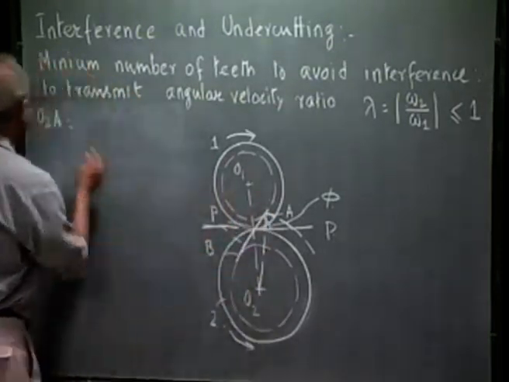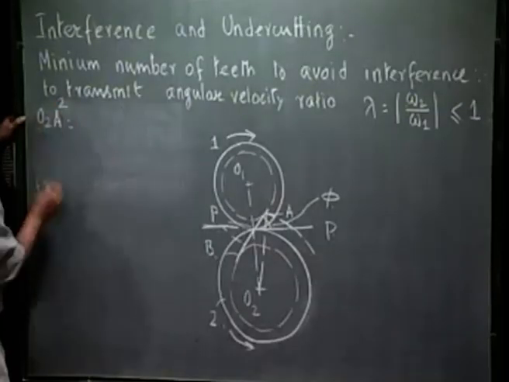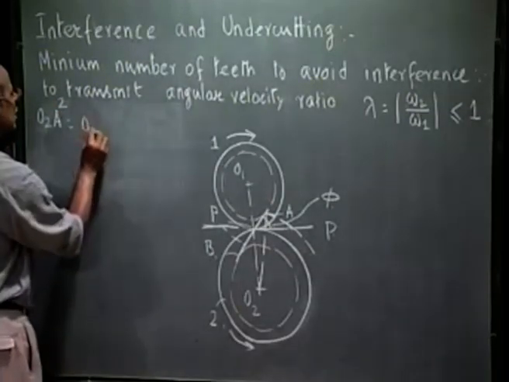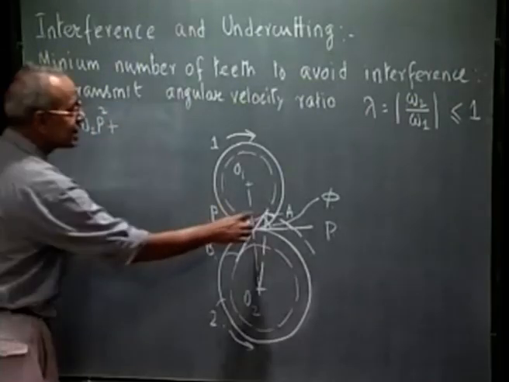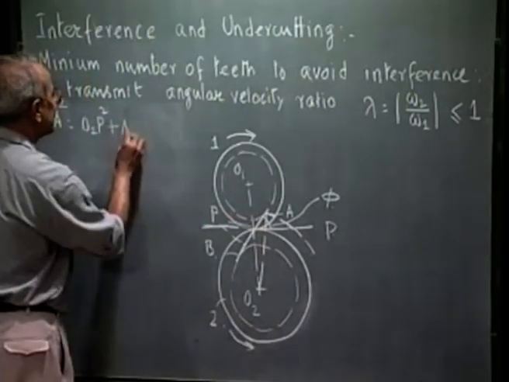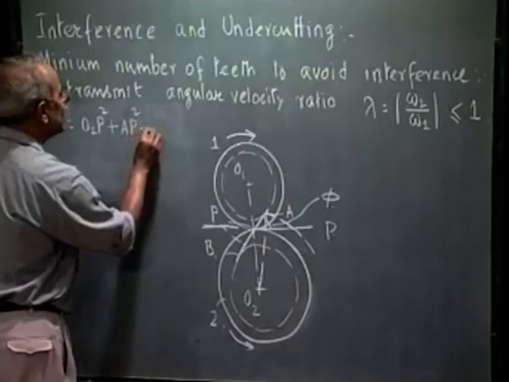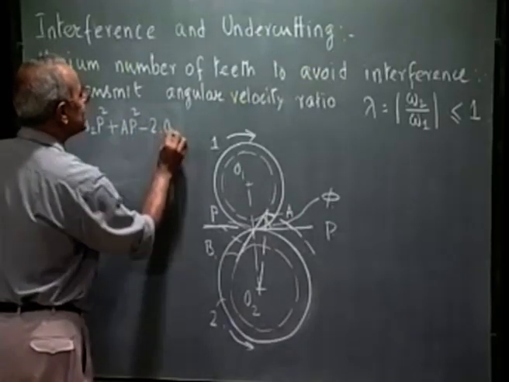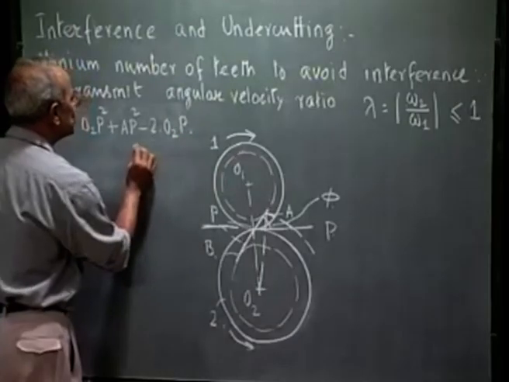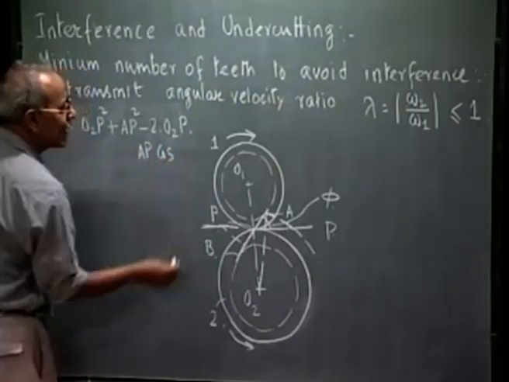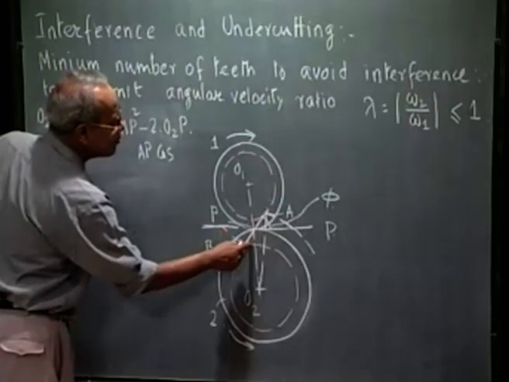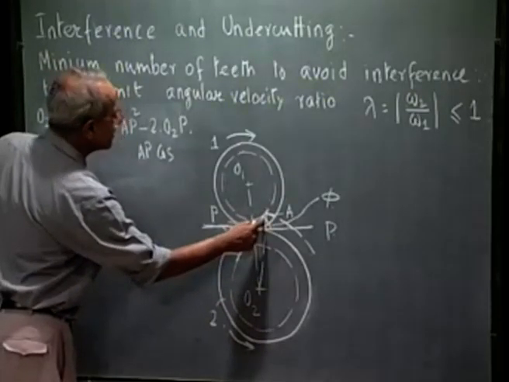So, O2A squared is O2P squared plus AP squared minus, just using the triangle law, twice O2P into AP into cosine of the angle between O2P and AP, which is pi by 2 plus phi.